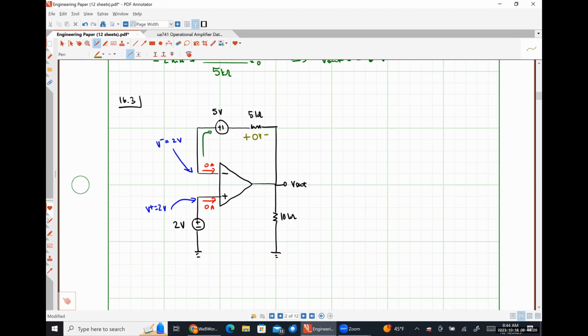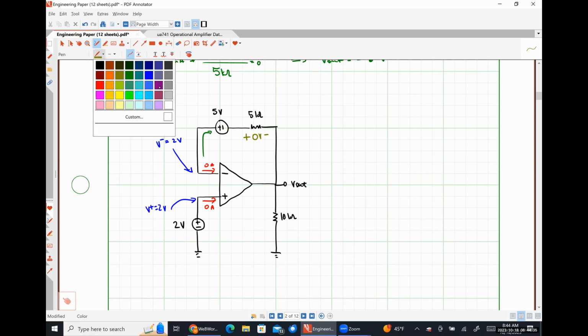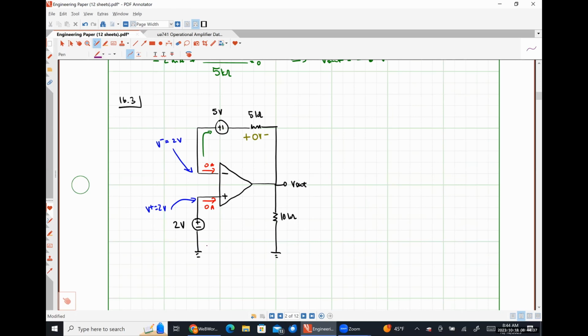It won't be 2, nor will it be 0. We have 2 volts, and then we have 5 volts of the opposite polarity. So what should V out be? Effectively, what we're doing is Kirchhoff's voltage law from here to here, recognizing that the voltage drop across the 10 kilo ohm resistor is nothing more than our nodal voltage V out, right? So we'd have negative 2 volts plus 5 volts is equal to V out.